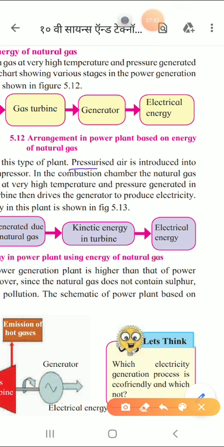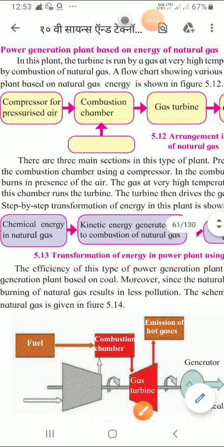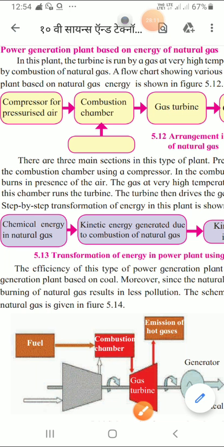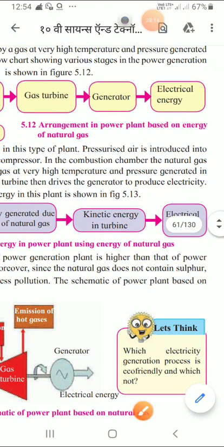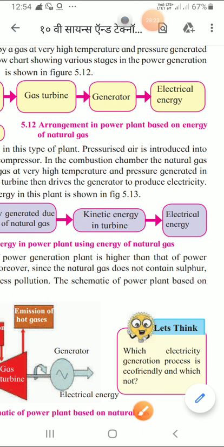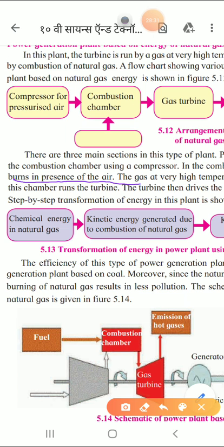Pressurized air is introduced into the combustion chamber using a compressor. In the combustion chamber, the natural gas burns in the presence of the air.